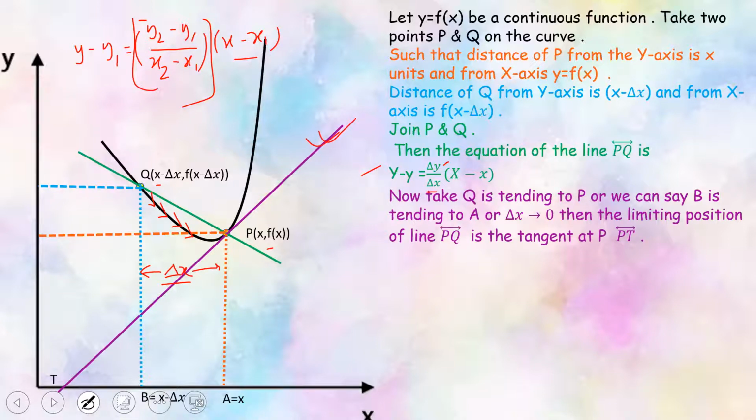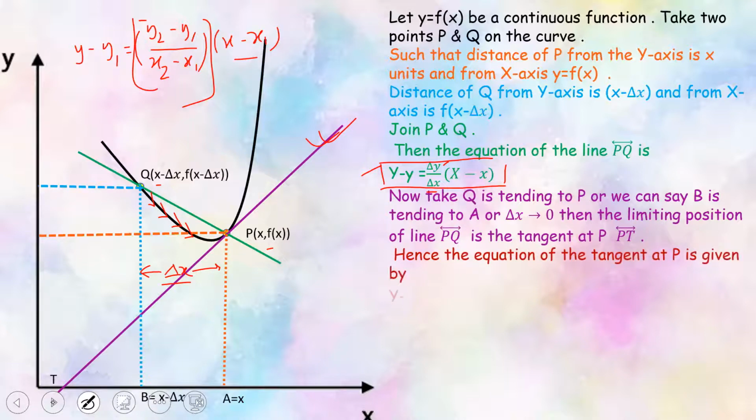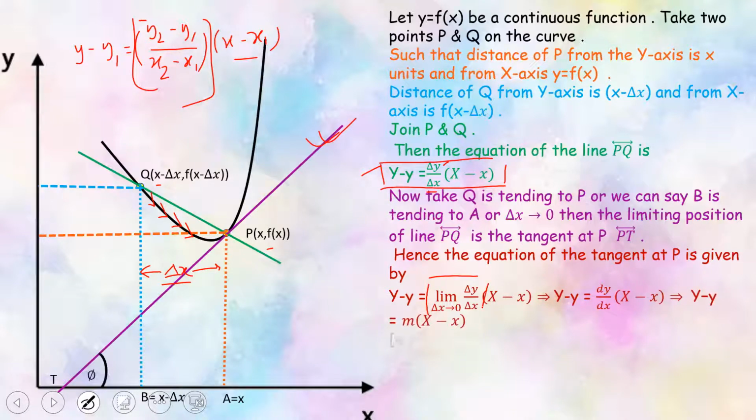It is given by taking limit in this equation PQ. So hence the equation of this PT is given by this limiting value, that is limit delta x tends to 0 of delta y by delta x into (x minus x1), and this limiting value, that is delta x tends to 0 of delta y by delta x, is given by dy/dx.